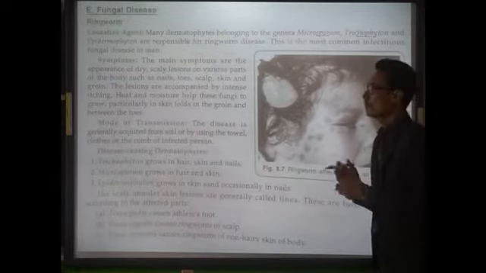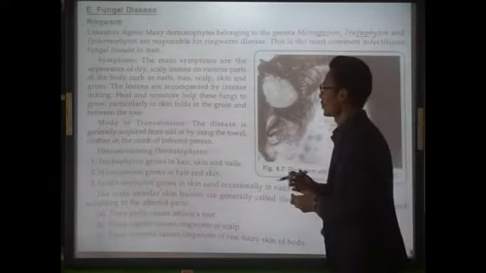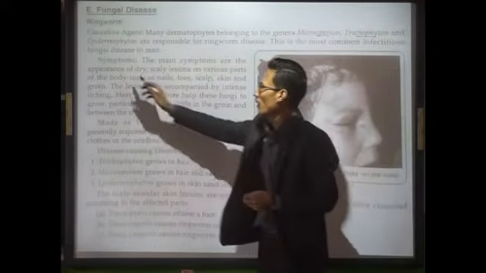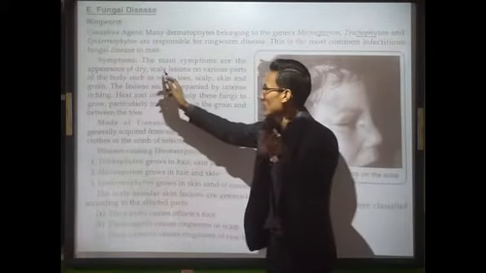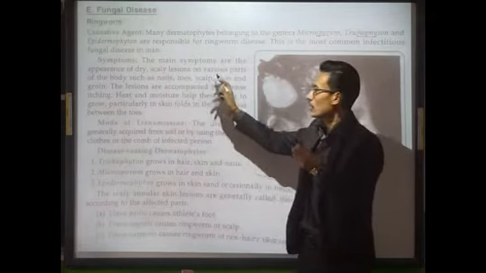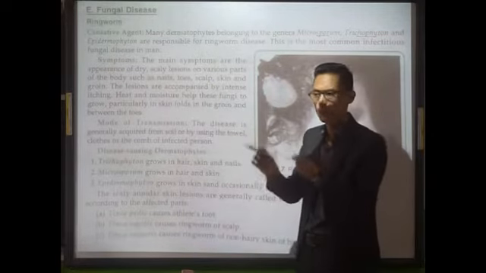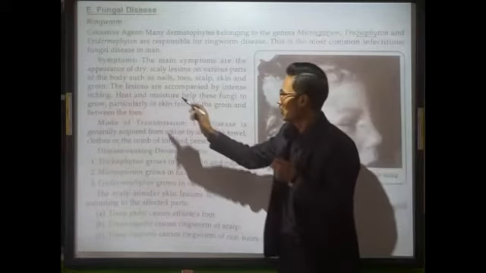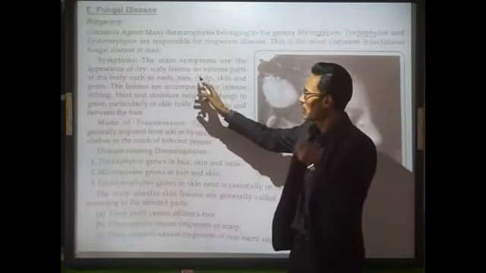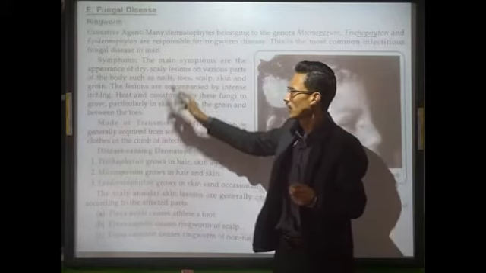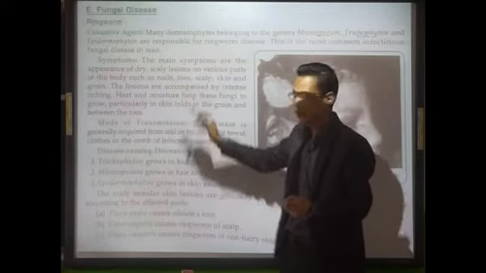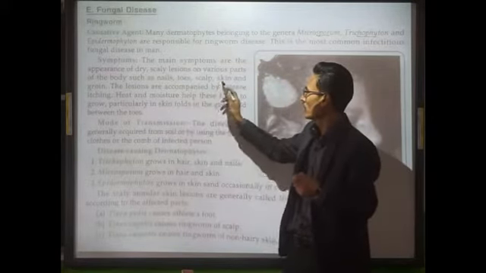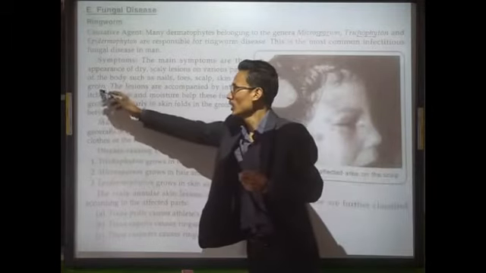Now, what are the symptoms of this disease? What are the symptoms of ringworm? The main symptoms are the appearance of dry, scaly lesions on various parts of the body, which are usually very itchy in nature. The lesions mainly occur on body parts such as nails, toes, scalp region, skin, and the groin area.